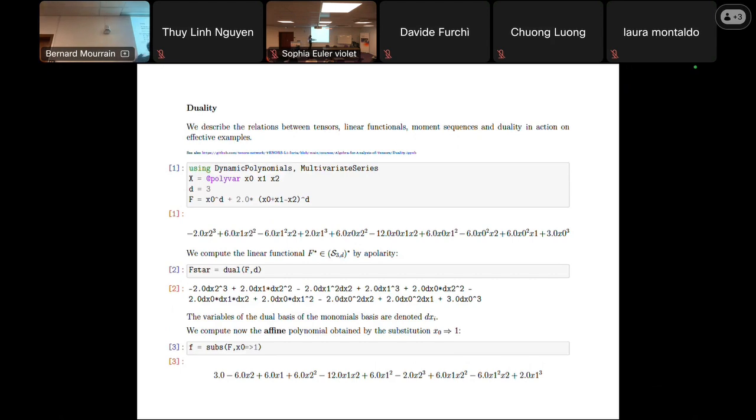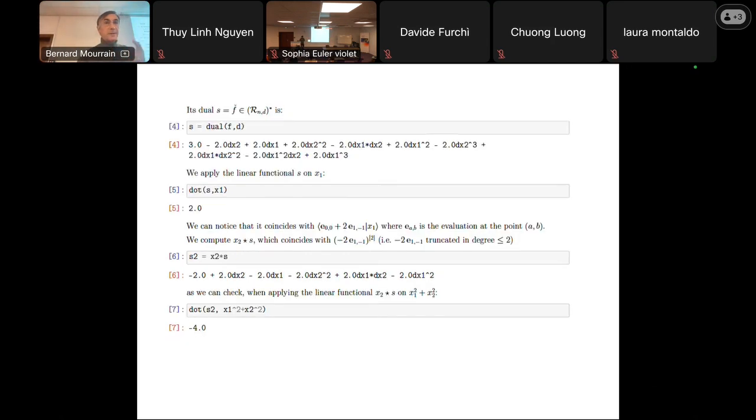Yes, they are not ordered in the same way, but this coefficient corresponds to this monomial. This is just a substitution of x0 by 1, and then this is FH.